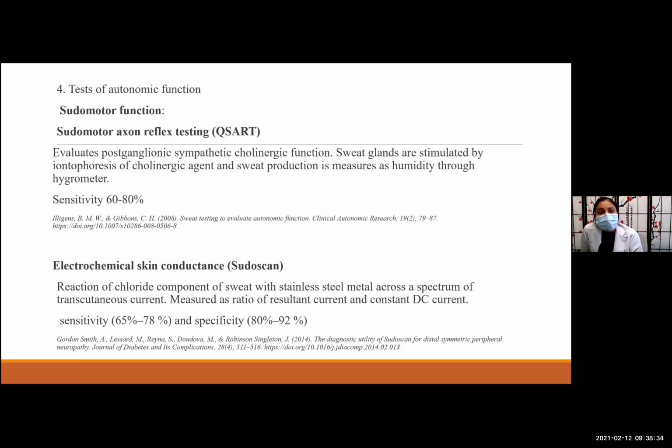And the other thing would be the electrochemical skin conductance scan. This has some metal rods identifying your sweat production, the chloride in your sweat, using current. And this is about 80 to 92% specific in identifying autonomic dysfunction in small fiber neuropathy.